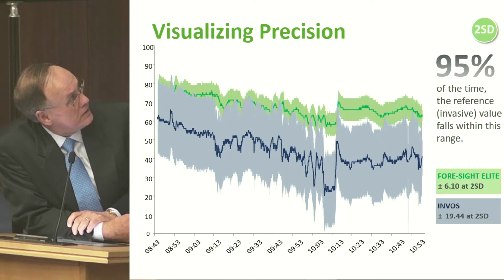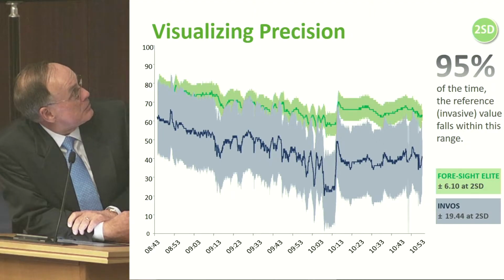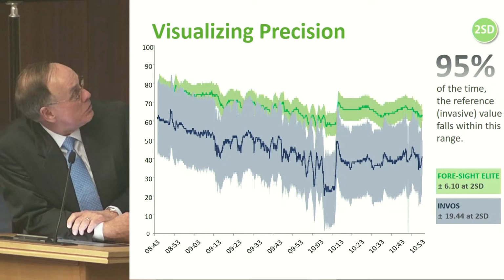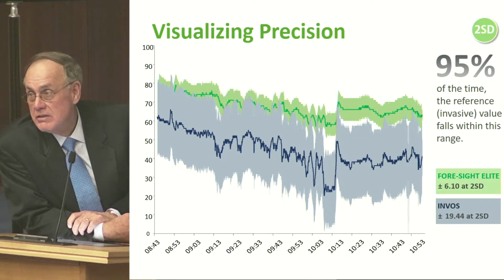And so here you can see that the 2 wavelength monitor, for example here, if you have a saturation of 50, the number that's displayed on the monitor could be as high as 70, which is normal, or the true value could be as low as 30. And you don't know.